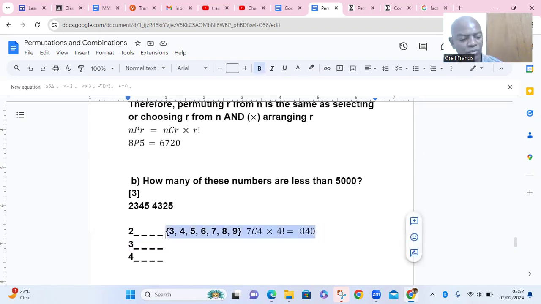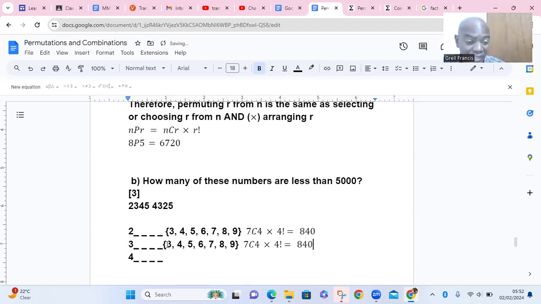And you realize that's the same calculation we are going to get for those that begin with 3 and 4, because we fix the 3 and replace the 2, and for the 4, we fix the 4 and put back the 2. So we always end up with selecting 4 from 7 and arranging 4. That's basically 7P4 in a nutshell. And that's 3 times 840.